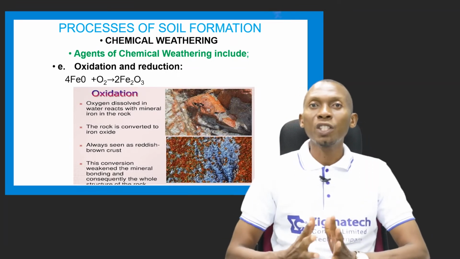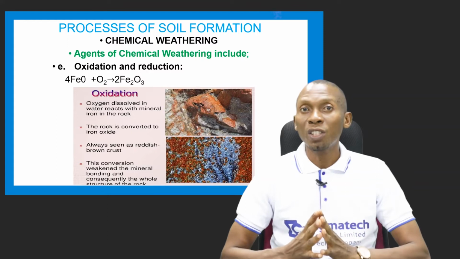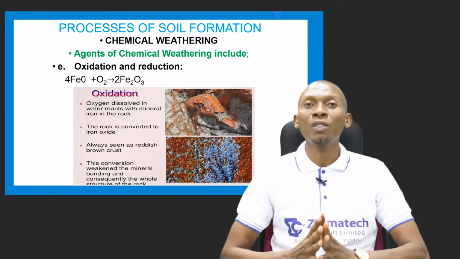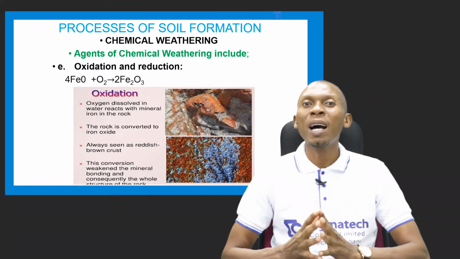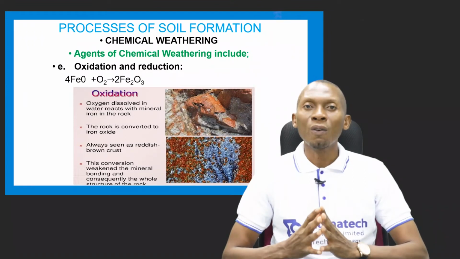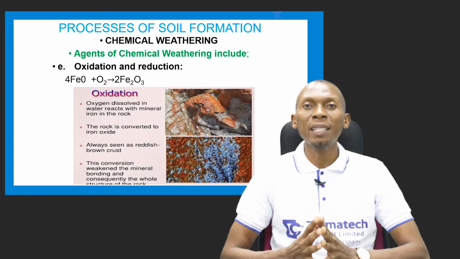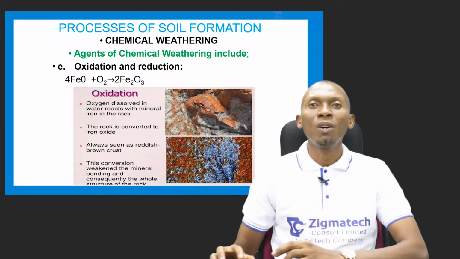Still on oxidation and reduction, when oxygen dissolved in water reacts with the mineral ion in the rock, it converts that mineral ion into iron oxide, seen as a reddish brown crust. This conversion weakens the bonds, and it will eventually lead to the disintegration of the rocks.